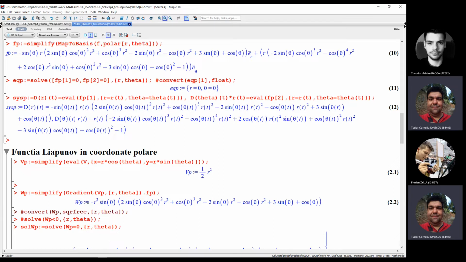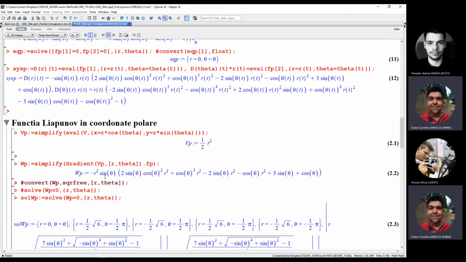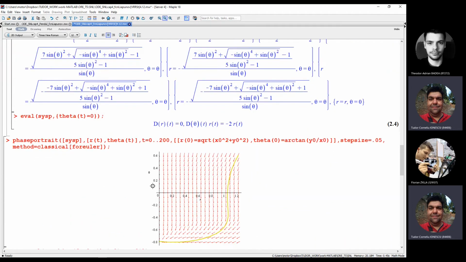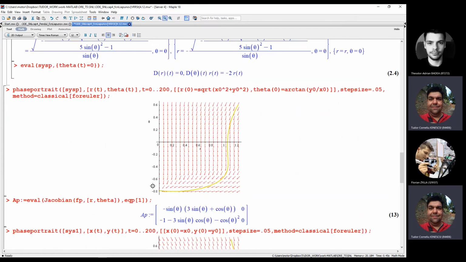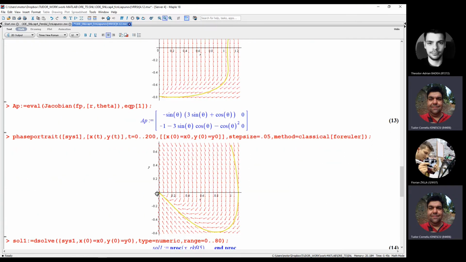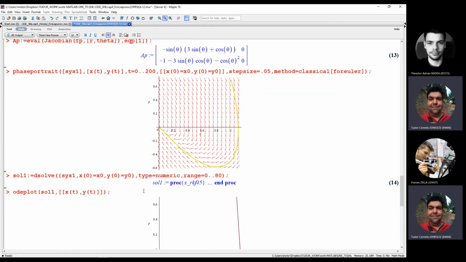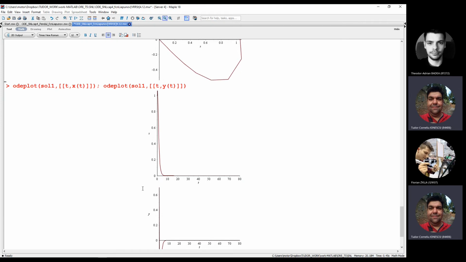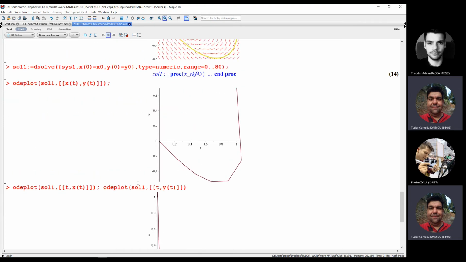However, if you go again to polar coordinates, maybe it's easier to say something about the Lyapunov function, which is this very simple function in polar coordinates. So sometimes things are not so easy. And this is the node behavior of the origin.